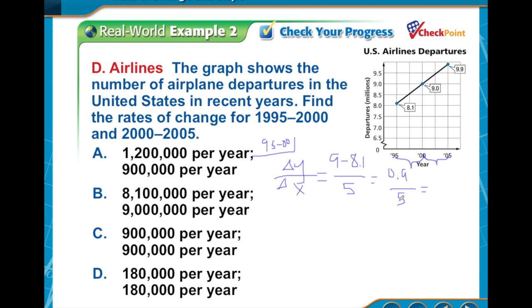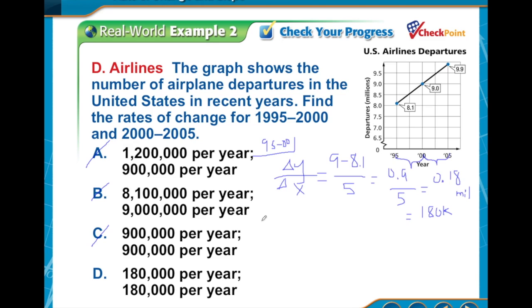And 0.18 million, if you rewrite that, is also equal to 180,000 departures per year. So we already know of these available options, none have 180,000 as an option. So D has to be our correct answer.